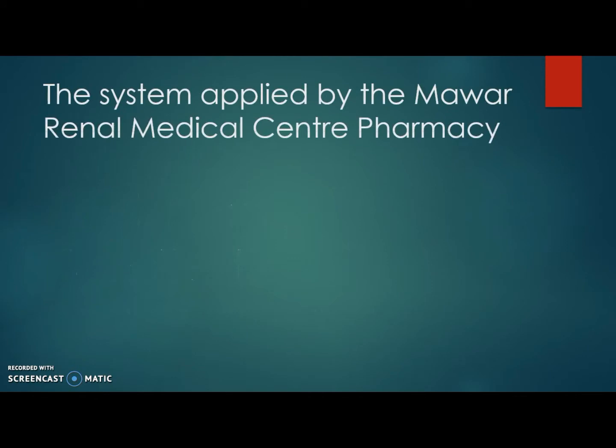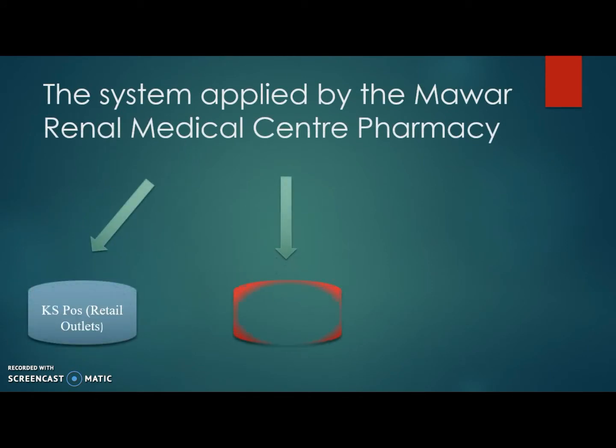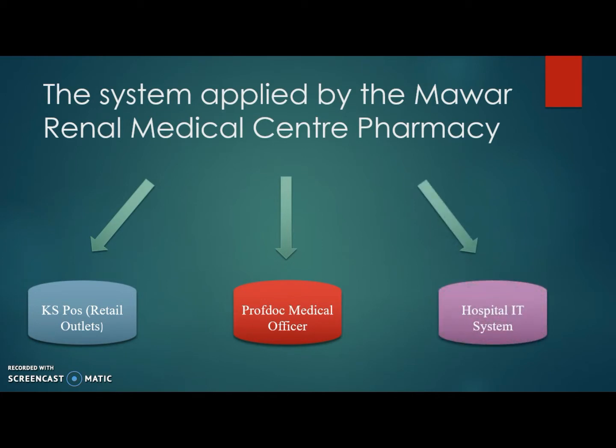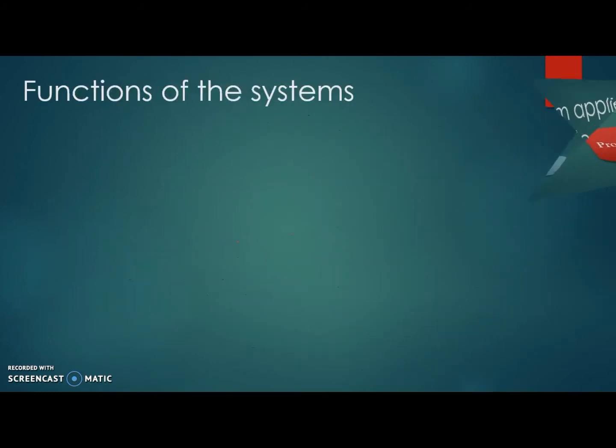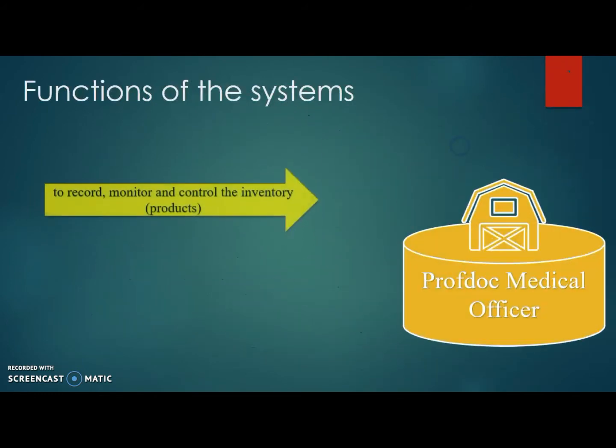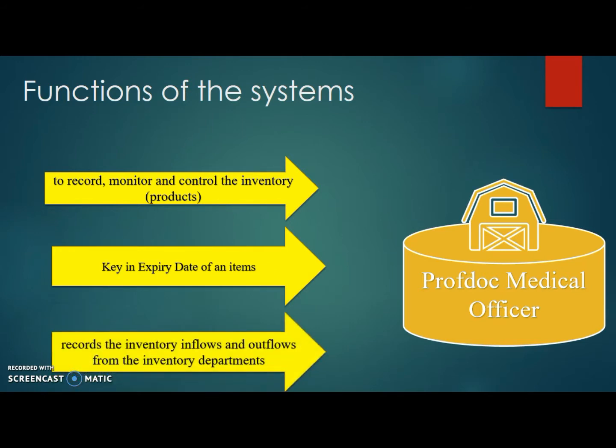So based on our fact finding, Renal Medical Centre used 3 different systems, and we are focused more on the Pro Doc Medical Officer for the inventory system. There are 3 main functions of the system of Product Medical Officer.